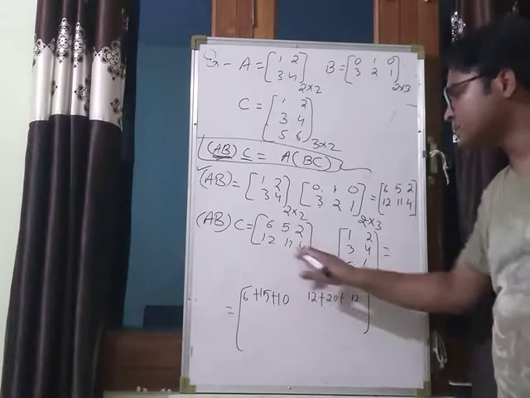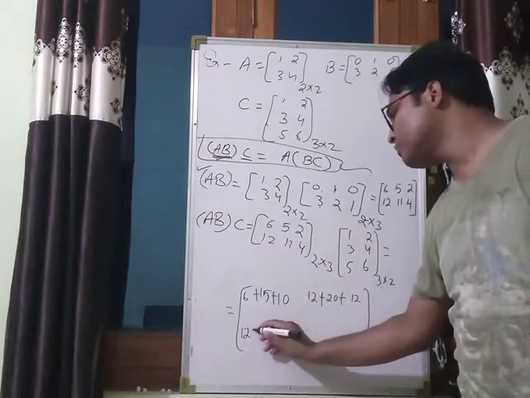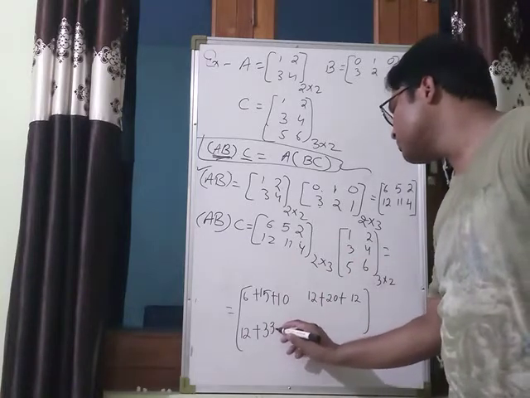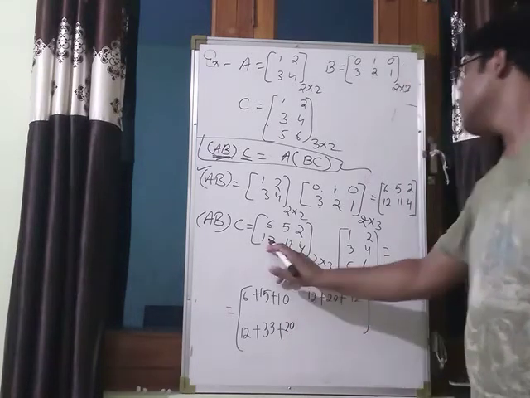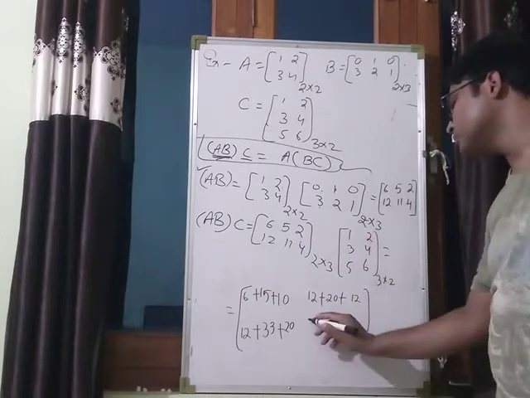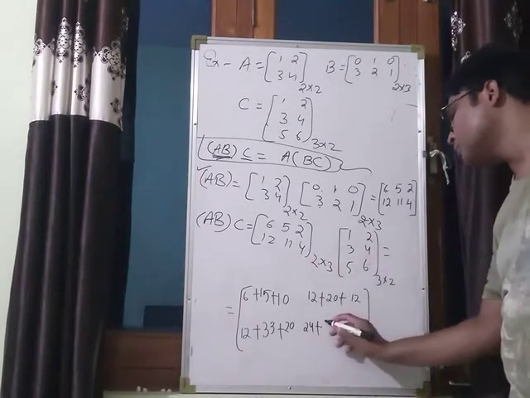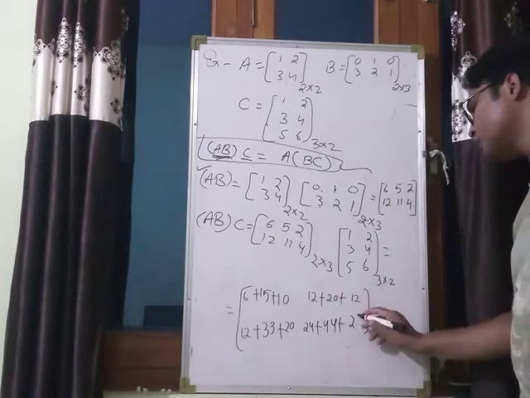After that, second row, first column, 12 into 1, 12 plus 11 into 3, 33 plus 4 into 5, 20. Second row, second column, 12 into 2, 24 plus 11 into 4, 44 plus 4 into 6, 24.